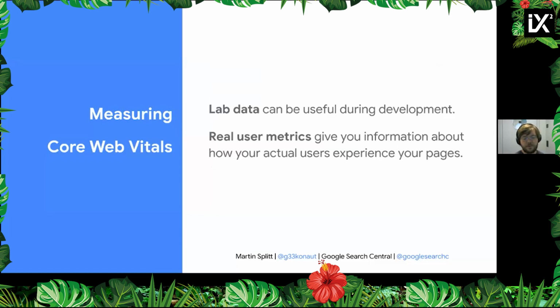Which brings me to lab data and real user metrics. Again, lab data should be used to establish a baseline of where we are in terms of performance, and then you make changes, and then you measure in lab controlled conditions, like on my computer or on this specific computer in the office. We measure our Core Web Vitals metrics with Lighthouse once a day, say.